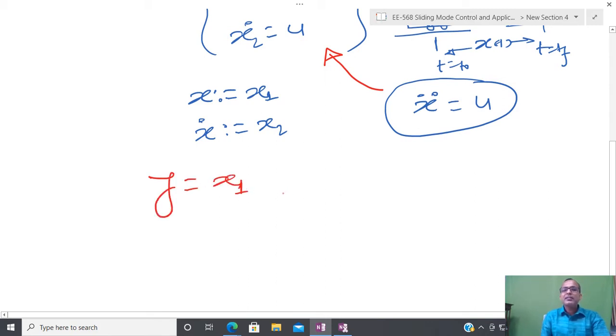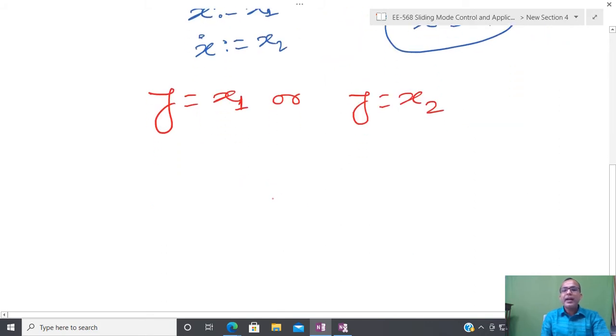It might be possible that someone may assume that I have some kind of measuring instrument which is just able to measure the velocity of the system. At that time I might have information of x2. In some cases I can assume that I have information of both x1 and x2.